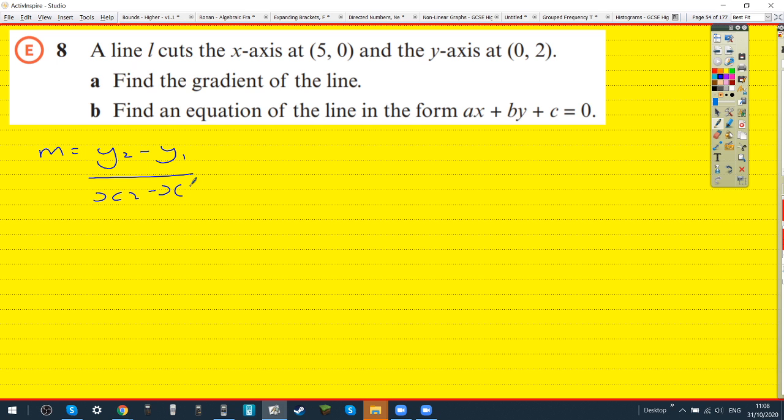Sorry about that. So what did you get there? 2 minus 0 over 0 minus 5, which is minus 2 over 5, which is the gradient.